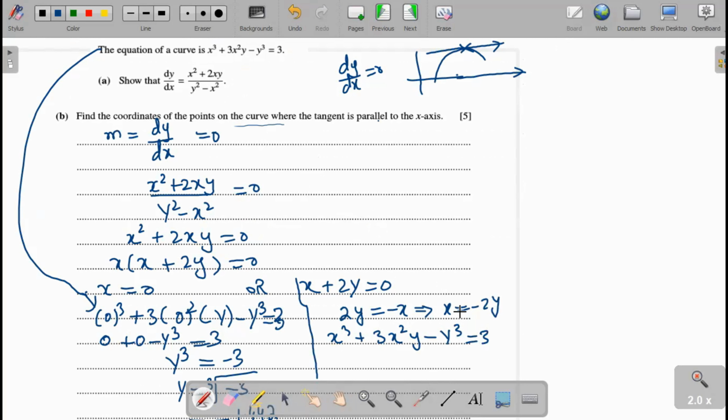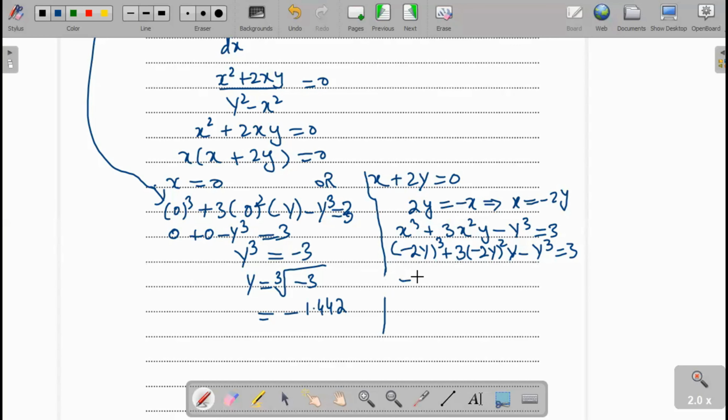We put the value of x here: (minus 2y) whole cubed plus 3 times (minus 2y) whole squared times y, minus y cubed as it is, and that is equal to 2.